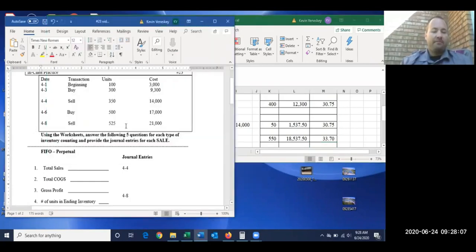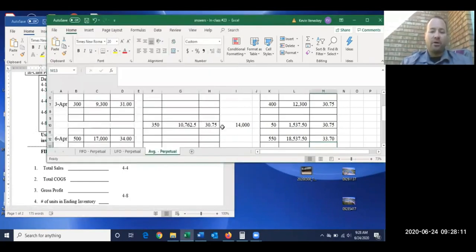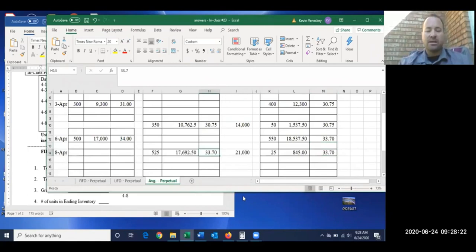Now when I come to 4.8 and I sell 525 items, I'm no longer going to use the $30.75. That's not my average cost anymore. With the new stuff, my average cost is $33.70. So that's what I'm going to use as my price per unit.